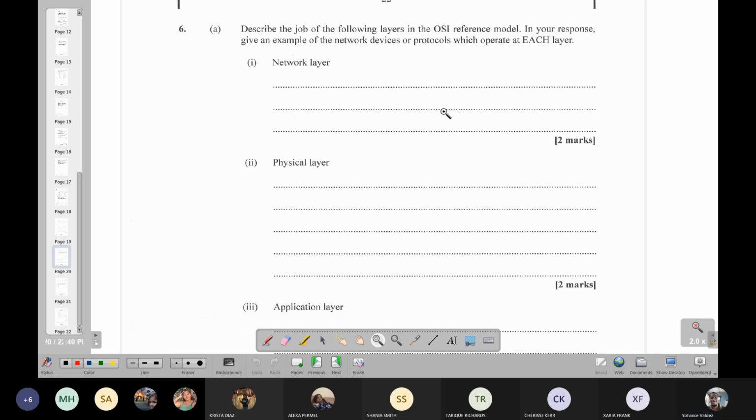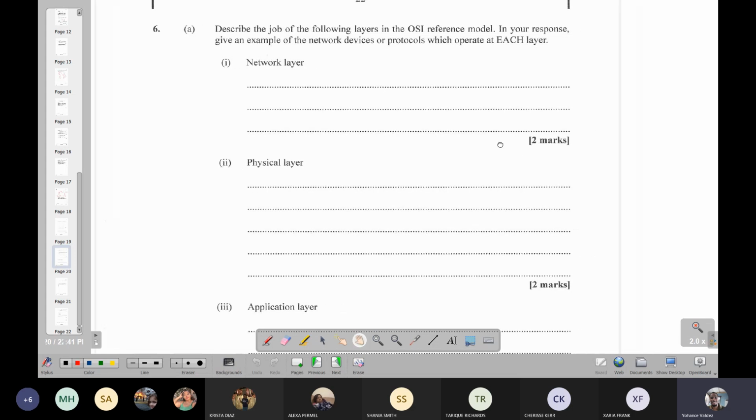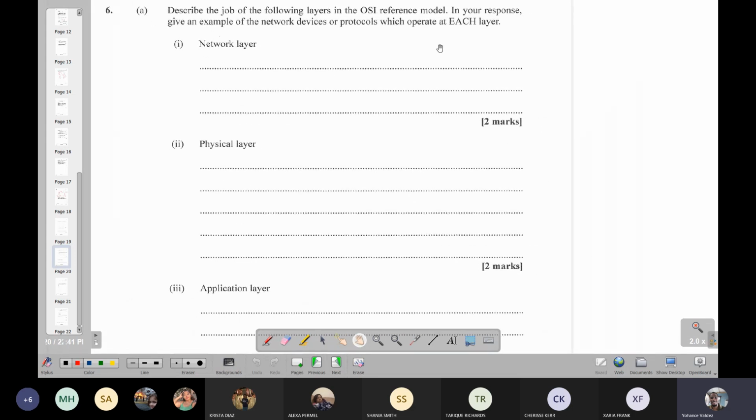All right. So describe the job of the following layers in the OSI reference model. In your response, give an example of the network devices or protocols which operate at each layer.